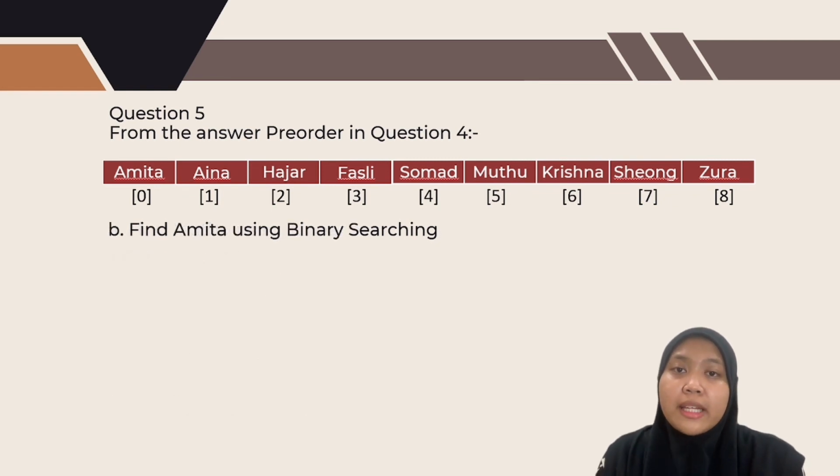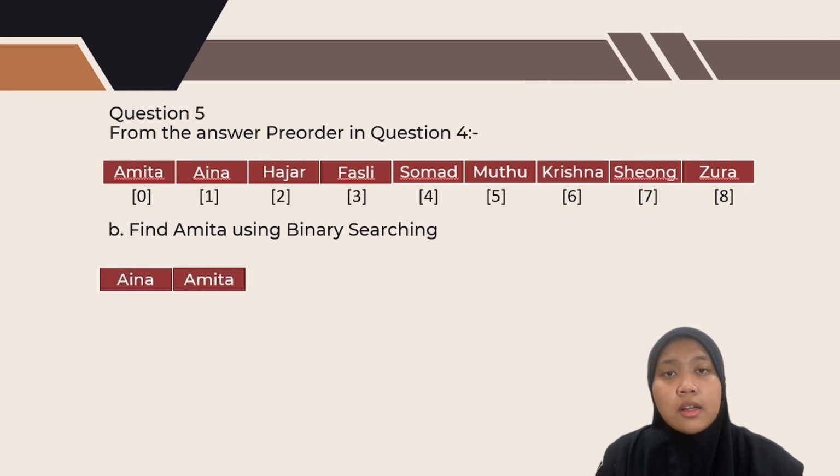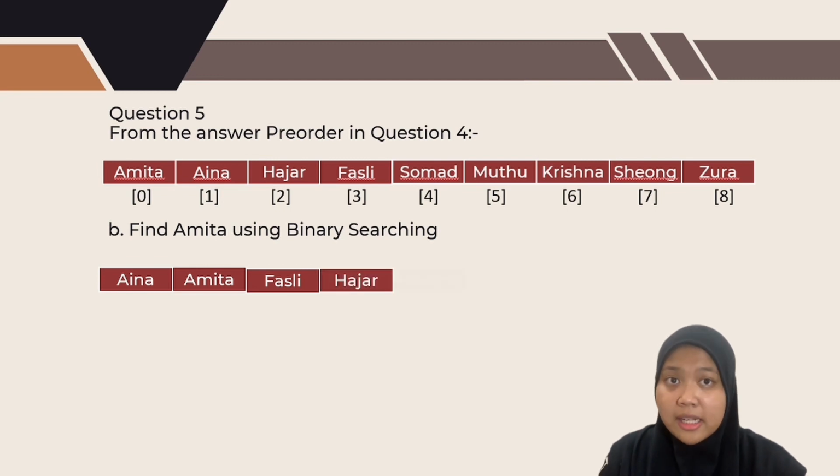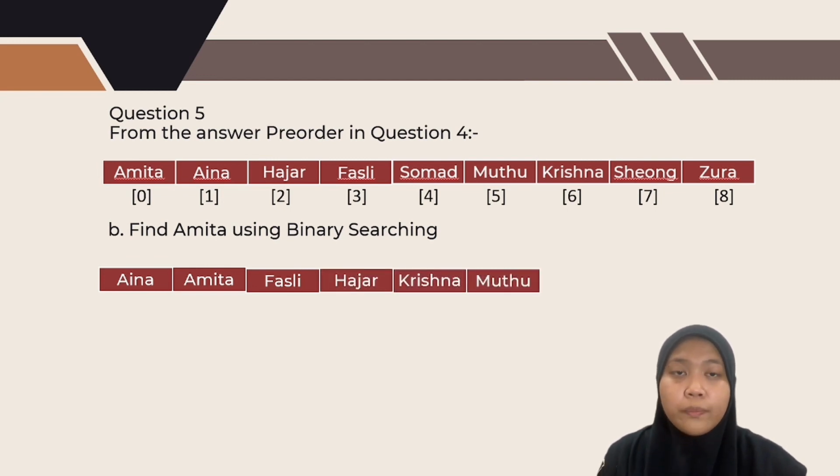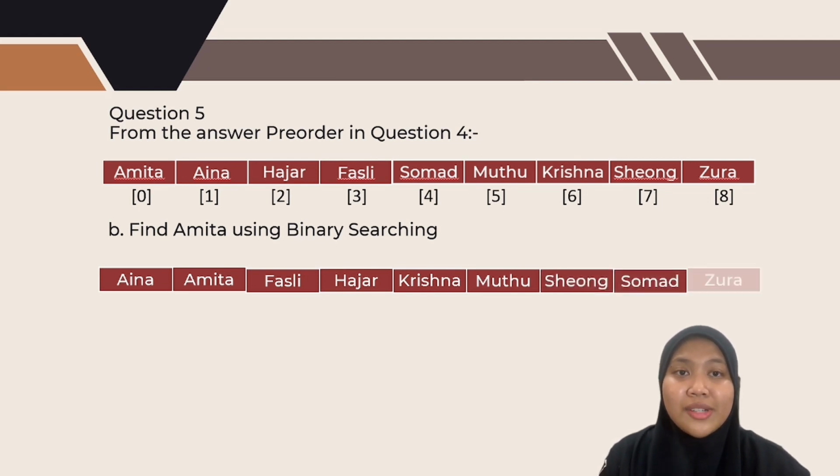Question 5b. Find Amita using binary searching. Based on the answer to question 4, the order is irregular, so binary searching needs the data rearranged using alphabet A, B, C. So first, Aina, and then Amita, Fasli, Haja, Krishna, Mutu, Xiong, Soman, Zura.